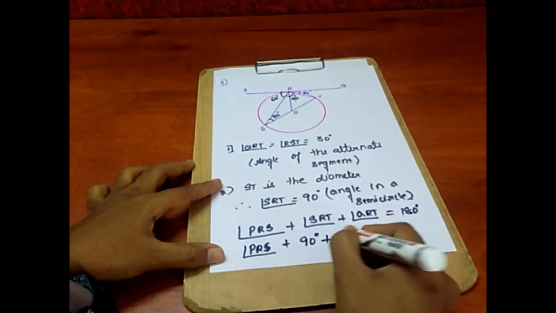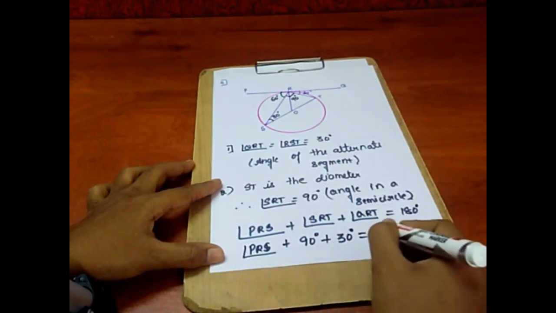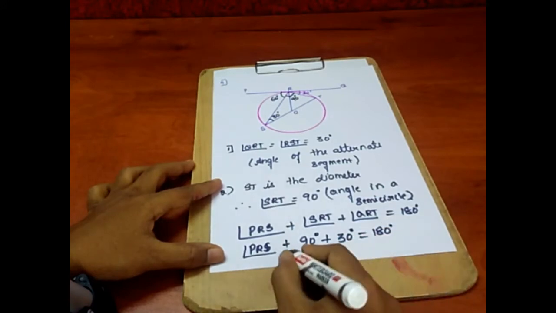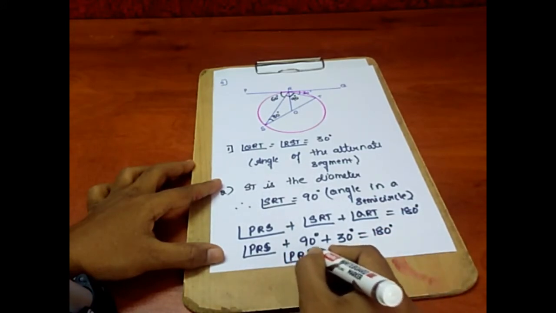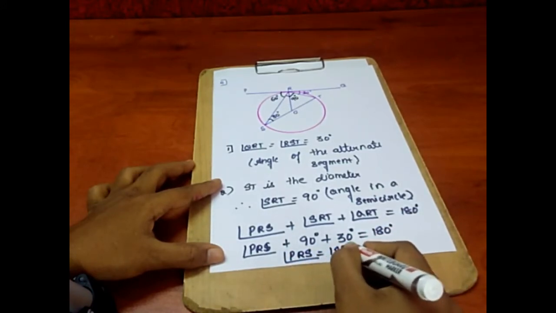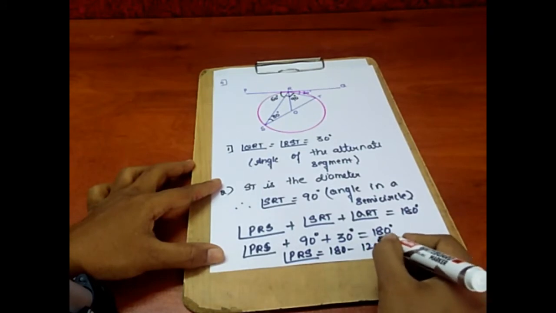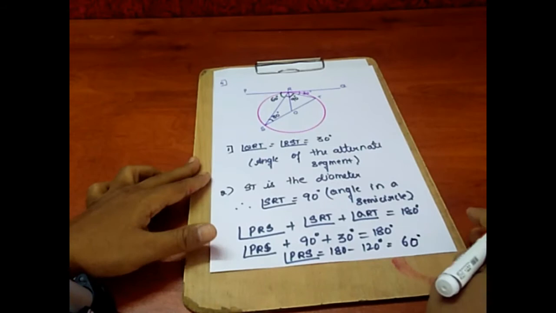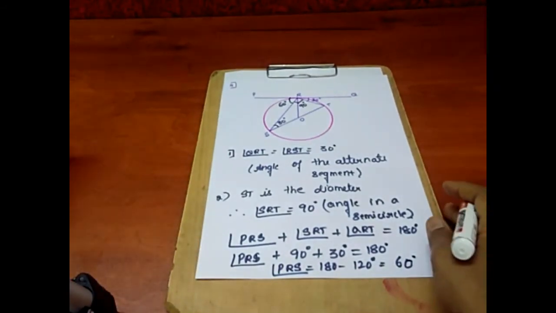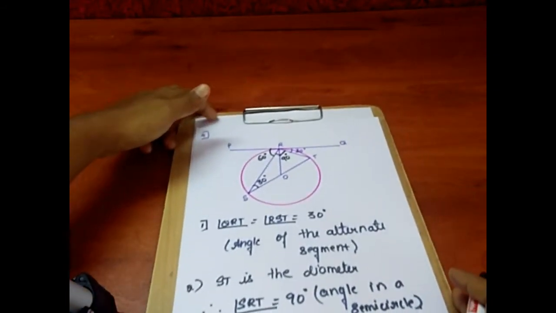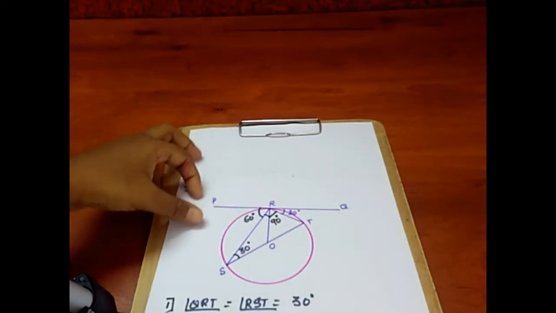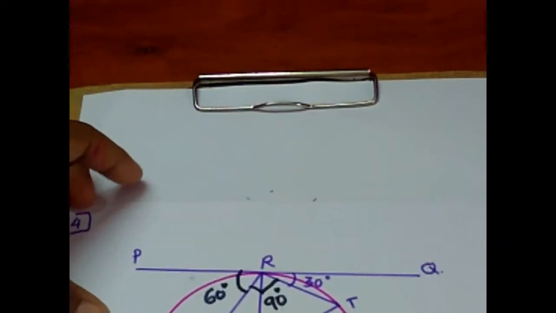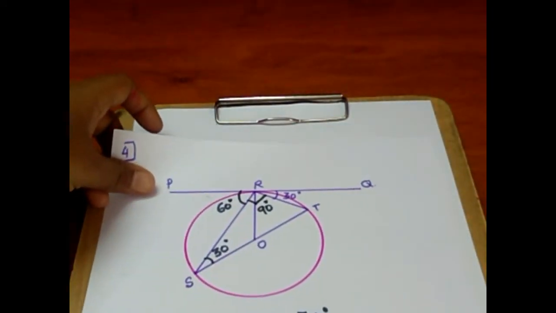SRT is 90, QRT is 30, which is equal to 180 degrees. Hence, the measure of angle PRS is 180 minus 120, that is equal to 60 degrees. By this, we have calculated the first sub-question, that is angle PRS.